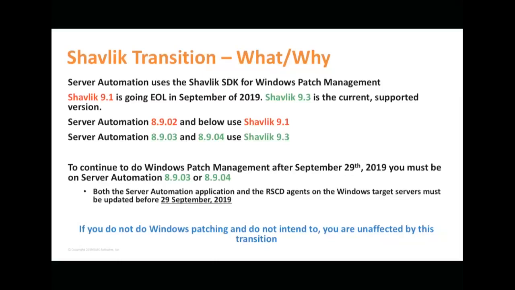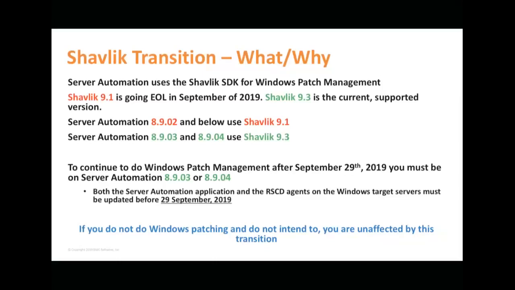Now, for our product, all of the versions 8.9.02 and below use the version of Shavlik 9.1, whereas versions 8.9.03 and 8.9.04, which are the two latest versions, use Shavlik 9.3.